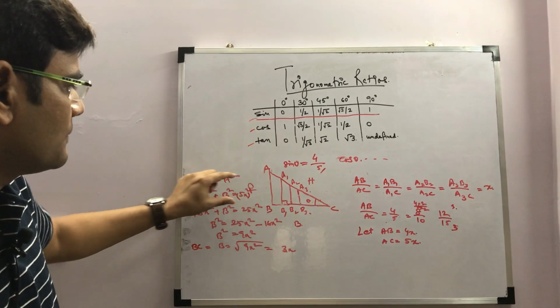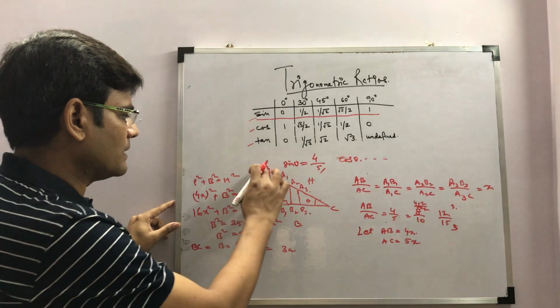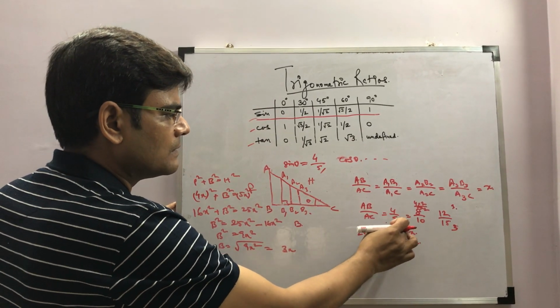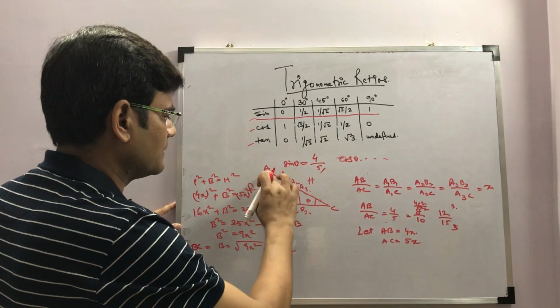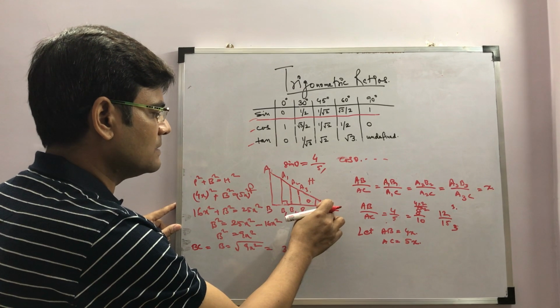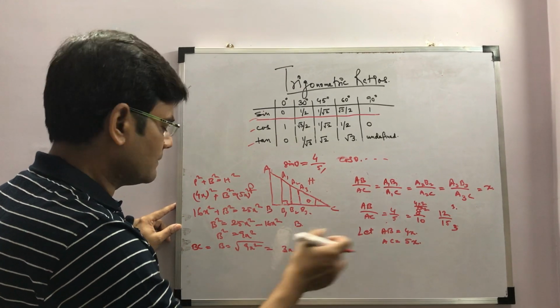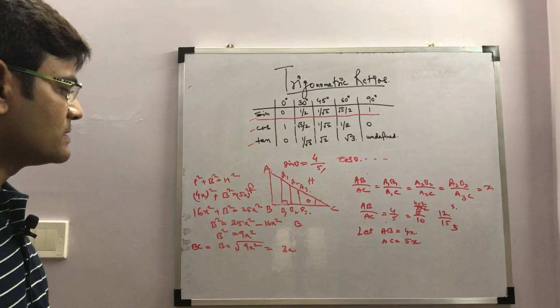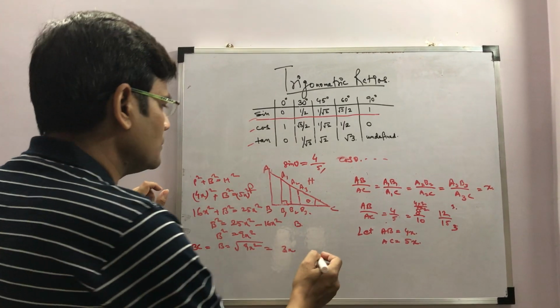So x was for AB and AC, 4x and 5x, when we considered ABC. Now we don't know the value, this is just a ratio. So now you can calculate anything.